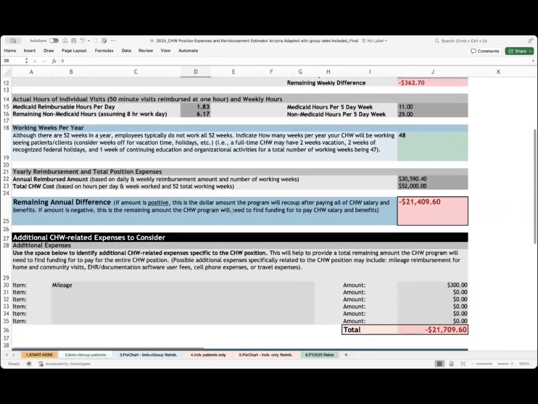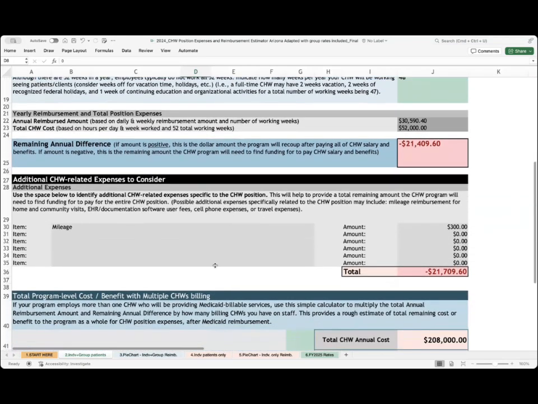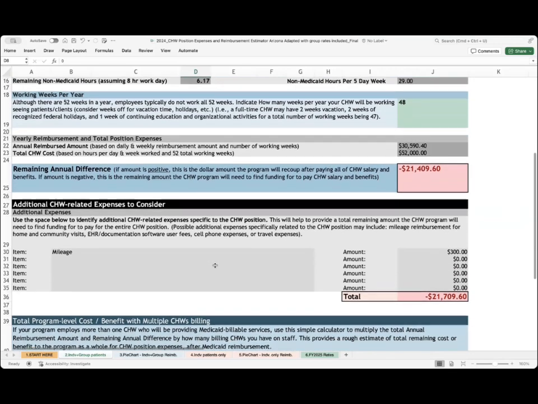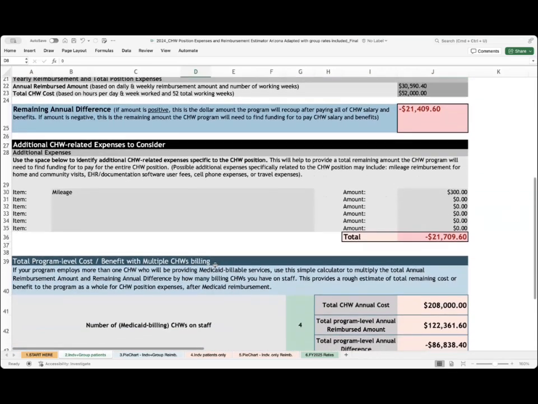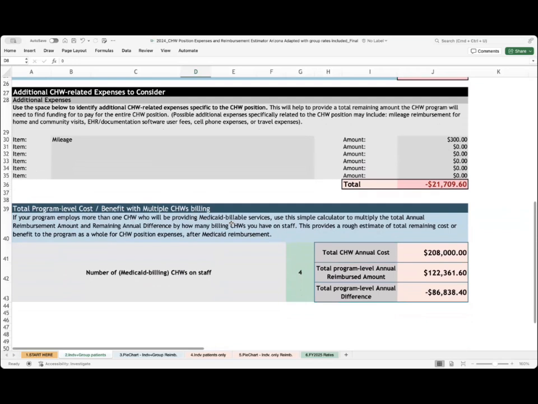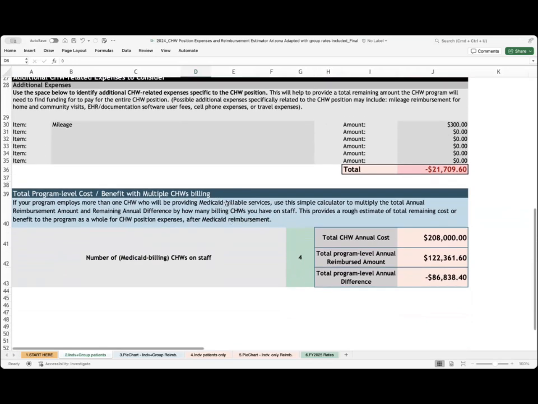And then the last thing to note on this tab, where we've been entering all of our information and getting our calculations, is if you have more than one CHW on staff who might be billing for Medicaid reimbursable services, you can get a little total picture estimate with all of them. So let's say you actually have 3 on staff that might be providing these services.